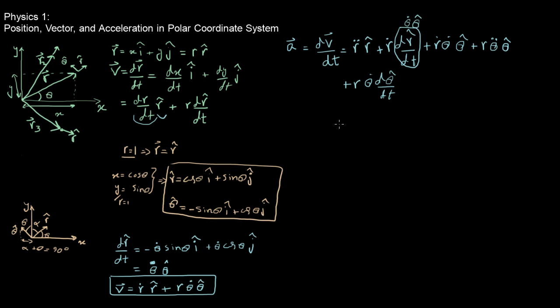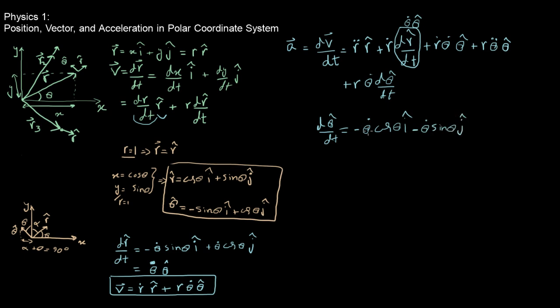But how about this? Let's calculate it. d theta hat/dt equals, so now simply make use of that equation. So it's minus theta dot cosine theta i hat and minus theta dot sine theta j hat.